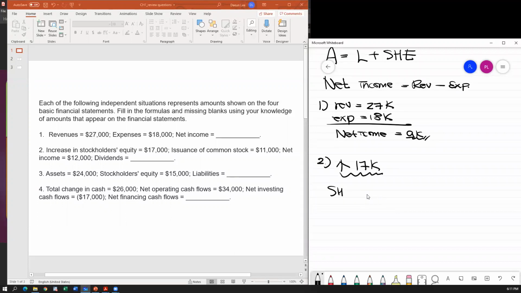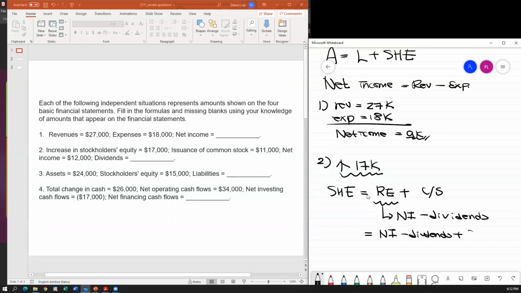And according to our formula, shareholders' equity equals retained earnings plus common stock. And retained earnings include net income minus dividends, okay? So at the end of the day, shareholders' equity actually equals net income minus dividends plus common stock.